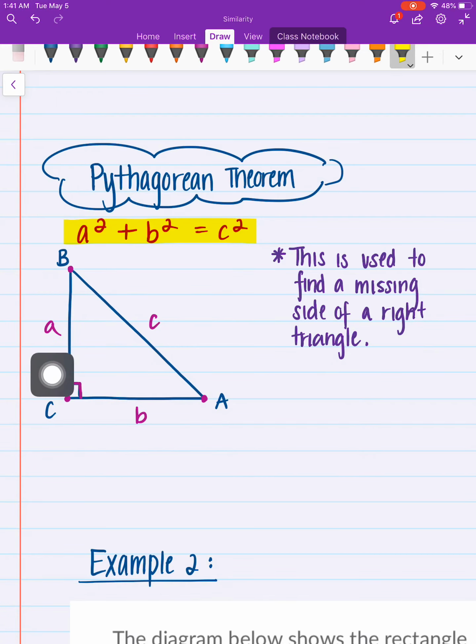There's no specific order as to which one is A and which one is B. C is the only one with a designated position, the side opposite the 90 degrees.